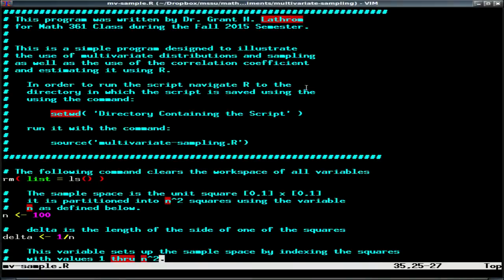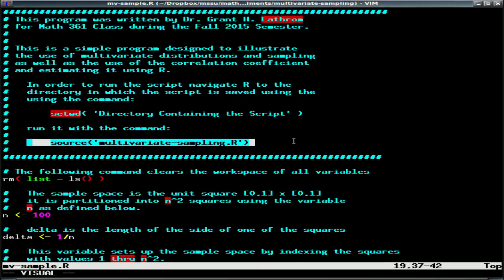What we have here is an R script, and as the beginning comments say, it is a simple program designed to illustrate the use of multivariate distributions and sampling in relation to the correlation coefficient. At the beginning, we see a little bit of how to set the directory and the command to actually run the script.